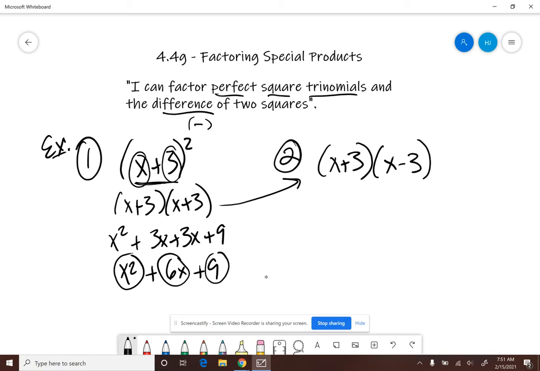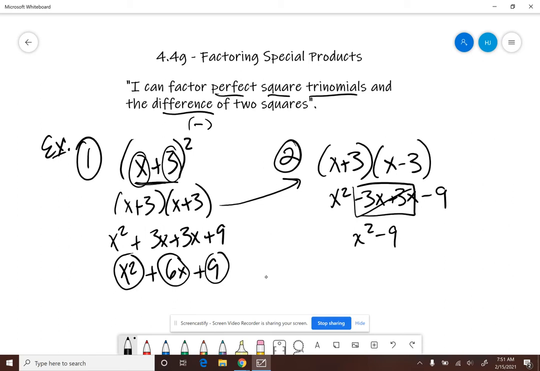I have x times x is x squared, x times negative 3 is negative 3x, and 3 times x is positive 3x. And then I have 3 times negative 3, which equals negative 9. And notice what happens with these middle terms here. These middle terms end up going away because 3x minus 3x is just going to go away. So I end up with x squared minus 9.